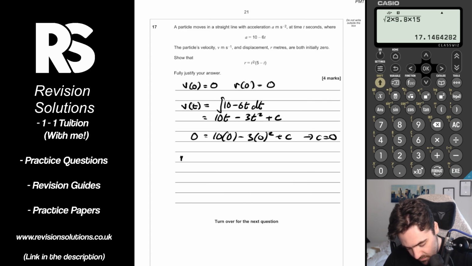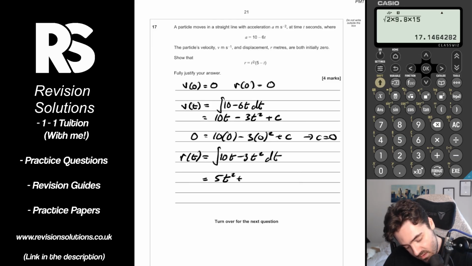So then to get r of t, we can just integrate again. So that's the integral of 10t minus 3t squared dt. That's going to be 5t squared minus t cubed plus another constant. I'll call that c prime. Then if we use this property here, we know that 0 must equal 5 lots of 0 squared minus 0 cubed plus c prime.